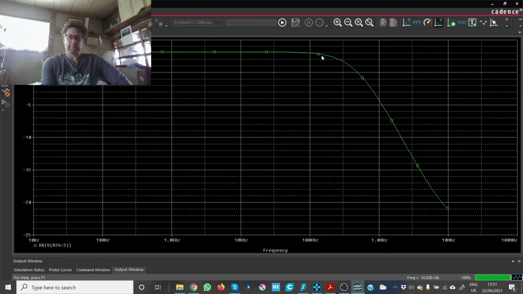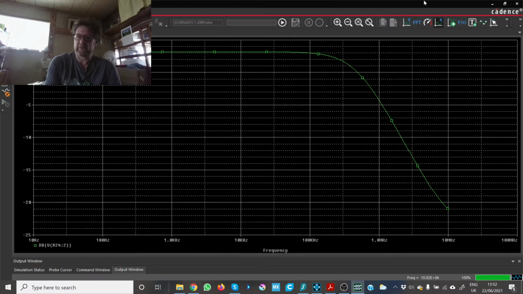But the main point is that before you get to 6 megahertz, which is 5 here, we're already at minus 12 dB. And then we're at minus 20 dB at 10 megahertz. Anything higher, it just gets exponentially higher, I think.